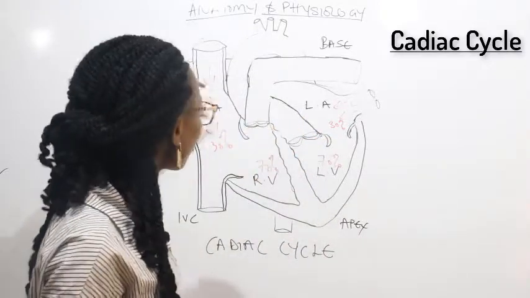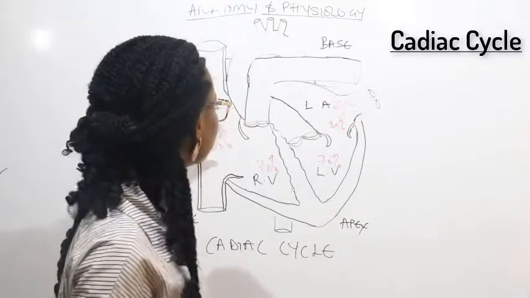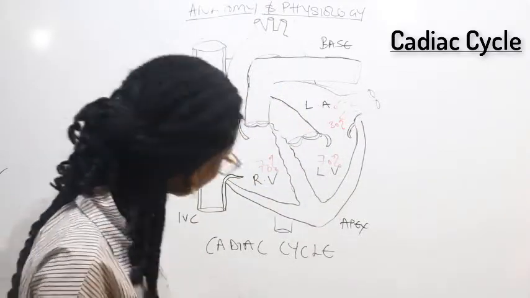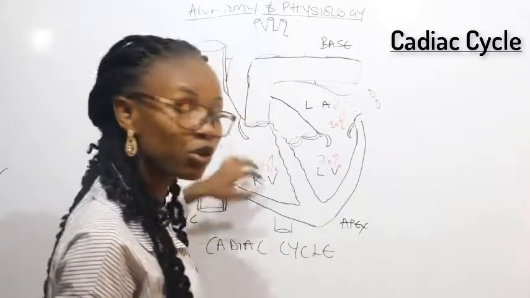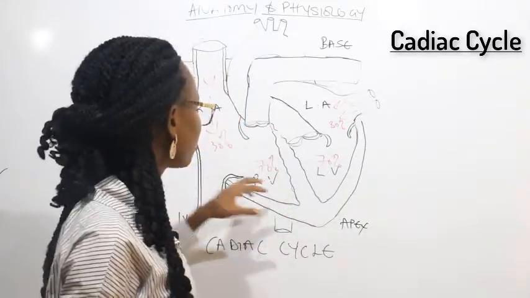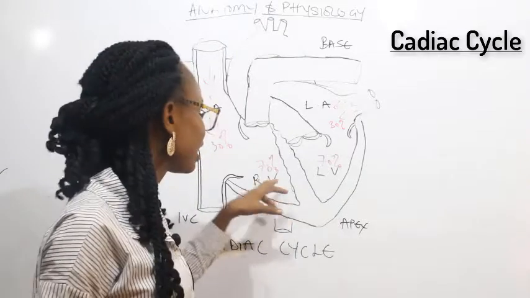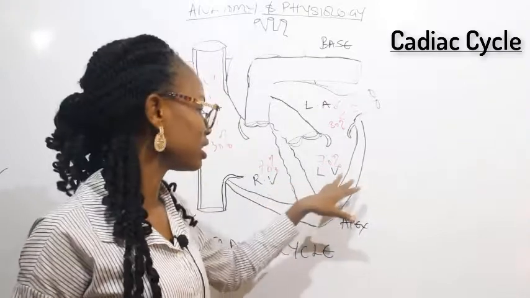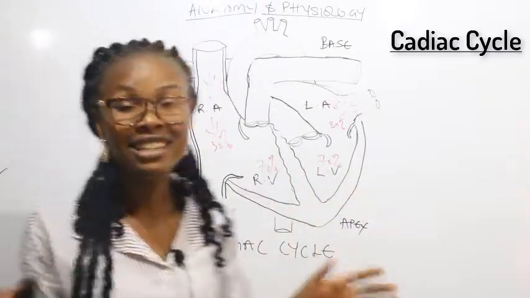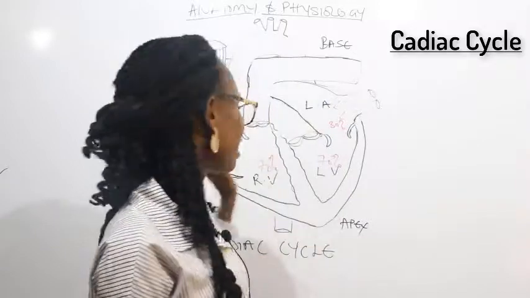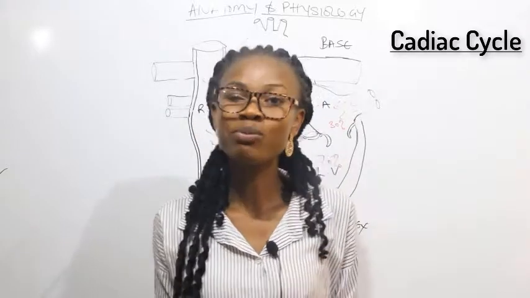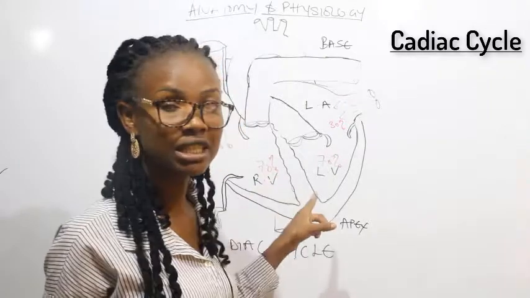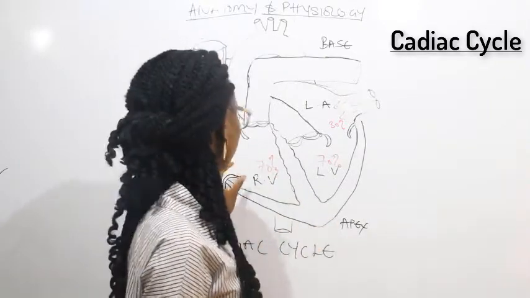Because of those impulses, there is contraction and total ventricular filling, where we now have about 100% in the RV and the LV, the right ventricle and the left ventricle.